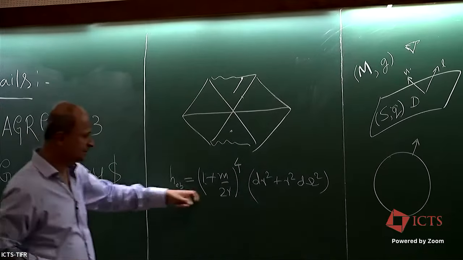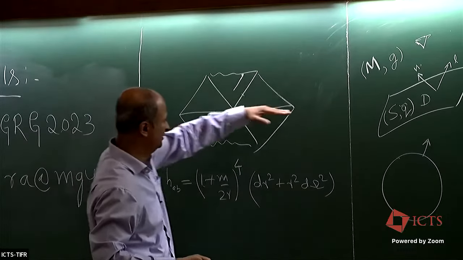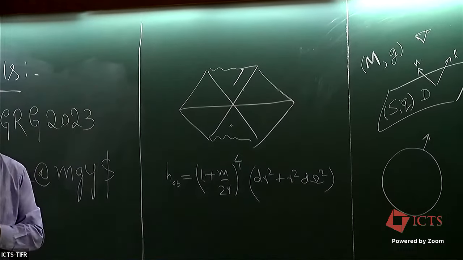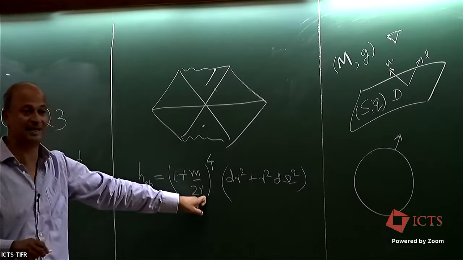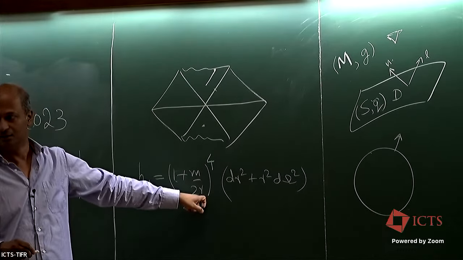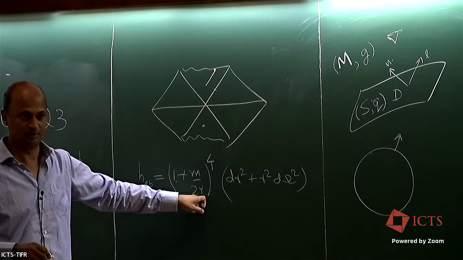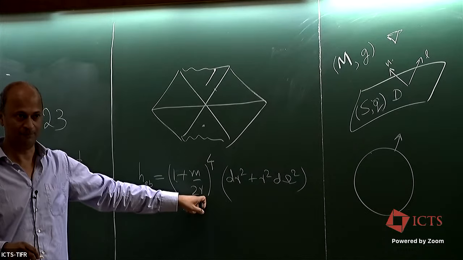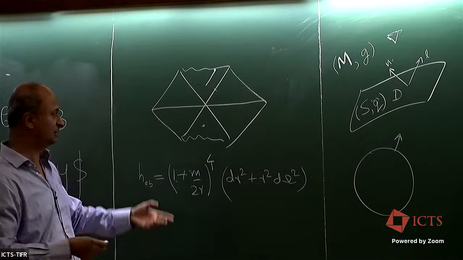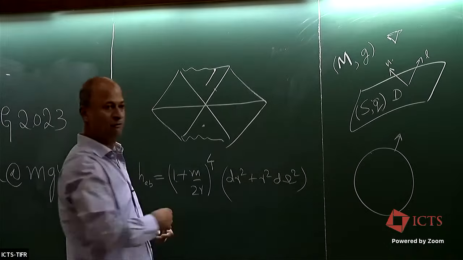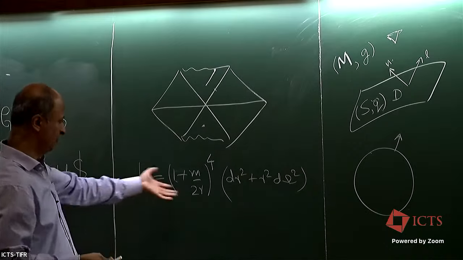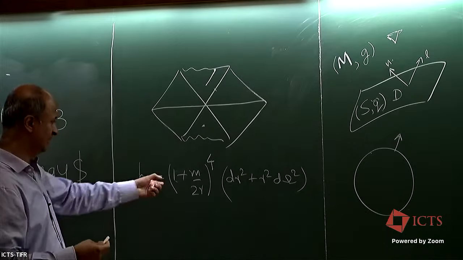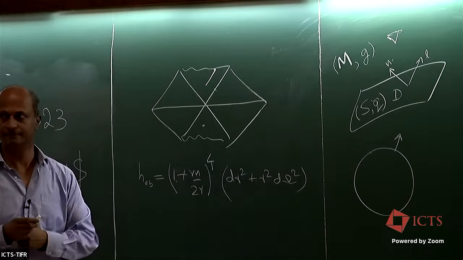So I claim that this is the 3-metric on this slice here. This is the point r equal to 0. This is not the standard Schwarzschild coordinate r. This is what is called the isotropic coordinate. Because in the normal coordinate, this would not be of this conformally flat form. You have to make a coordinate transformation involving the isotropic coordinate. In those coordinates, it is in fact conformally flat.